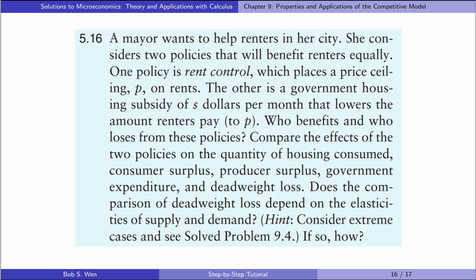Who benefits and who loses from these policies? Compare the effects of these two policies on the quantity of housing consumed, consumer surplus, producer surplus, government expenditure, and deadweight loss. Does the comparison of deadweight loss depend on the elasticities of supply and demand?